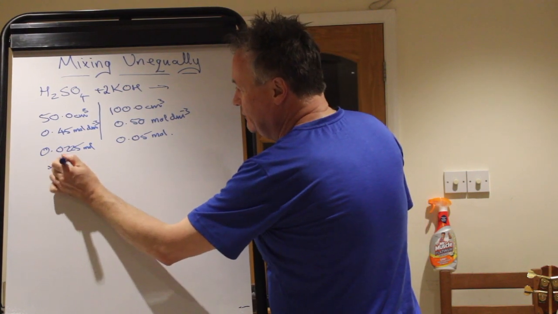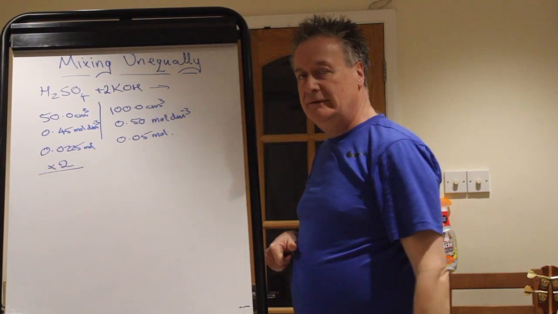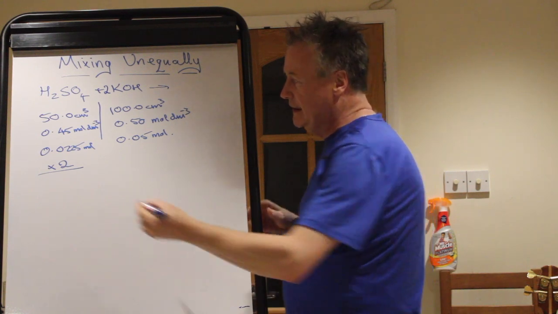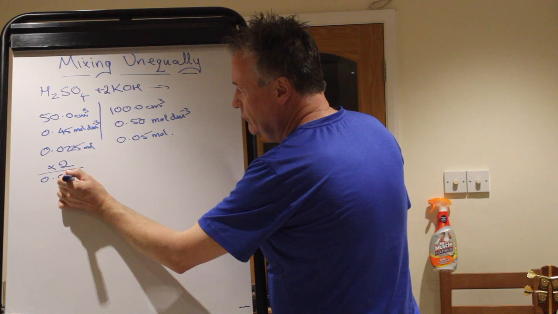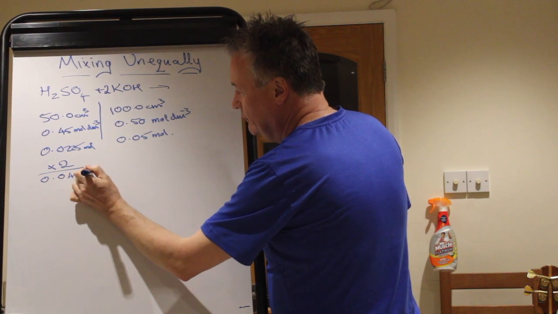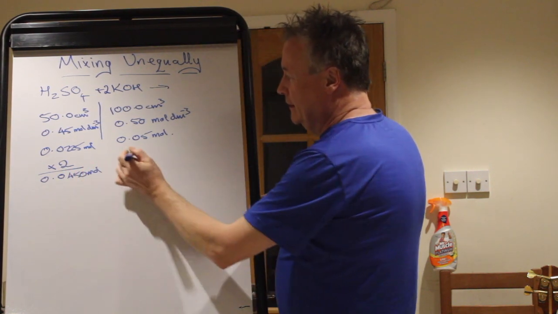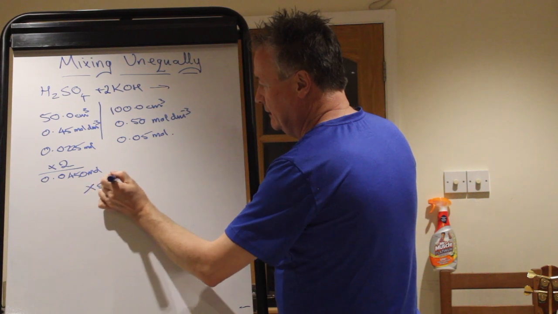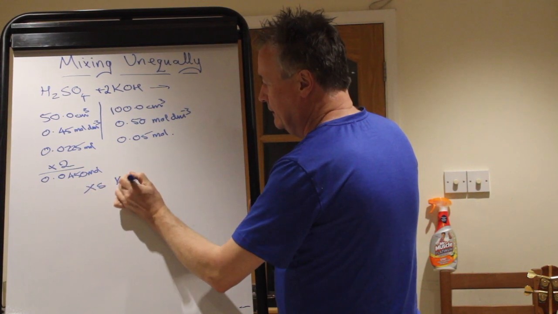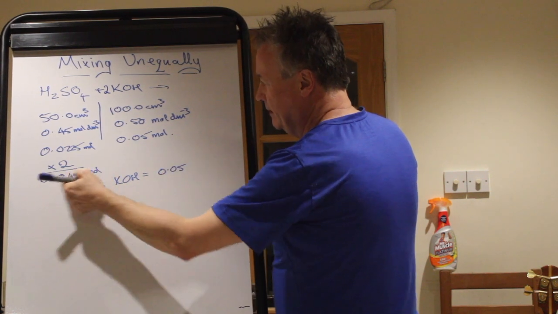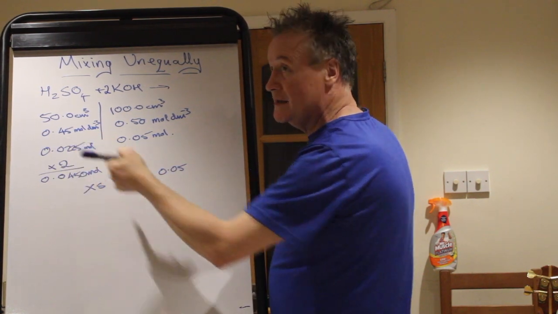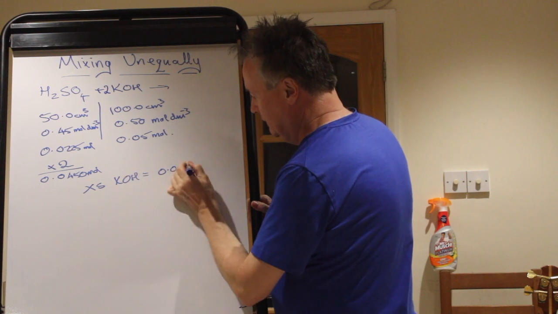So you go, oh, that's the one that's going to run out, I need to double that, 0.045 moles. So that's how much KOH will react with the amount of acid that we've got.